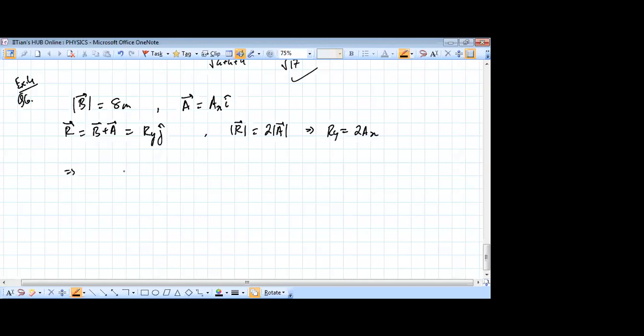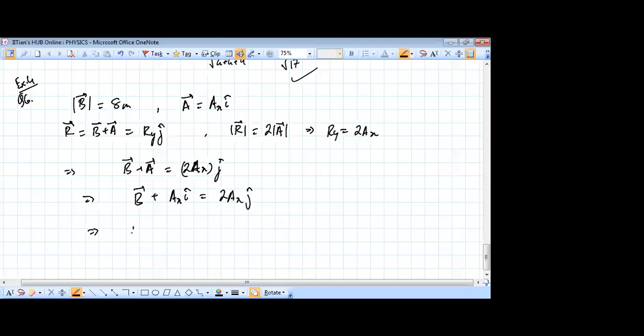So that means we can say that the vector B plus A is equal to 2 times Ax times j cap, or B plus Ax i cap is 2Ax j cap.